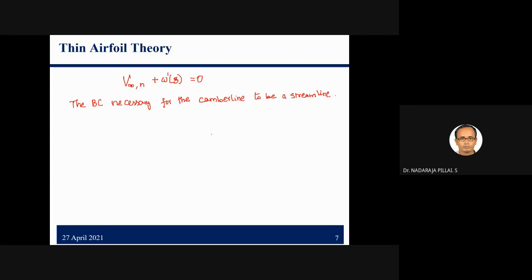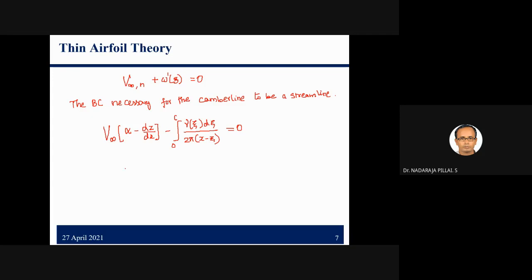We can write V infinity comma n as V infinity into alpha minus dz by dx, plus, so we have a minus, integral 0 to c gamma of zeta d zeta by 2 pi into x minus zeta, that is equal to 0.